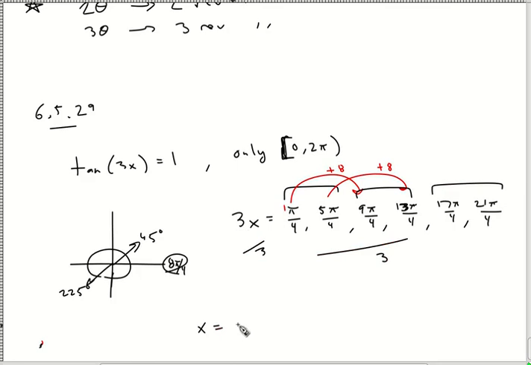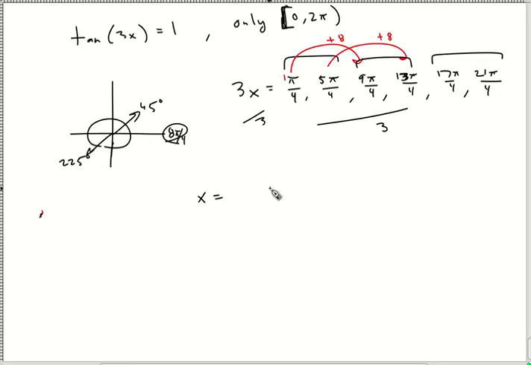All right. So every one of these is going to be kind of crazy. Let's go. There's a pi over 12. There's going to be a 5 pi over 12. Nothing's reducing yet. 9 pi over 12 cancels to make 3 pi over 4. And yes, my math lab wants you to reduce it down. 13 over 12, nothing cancels. 17 is a prime number.